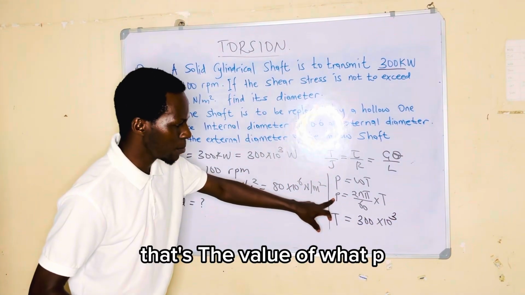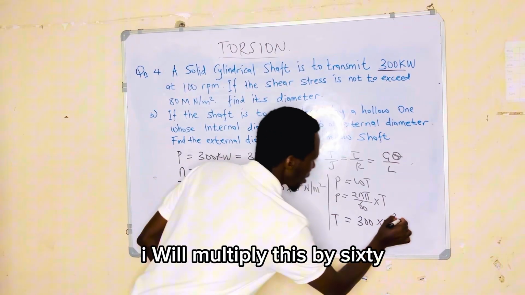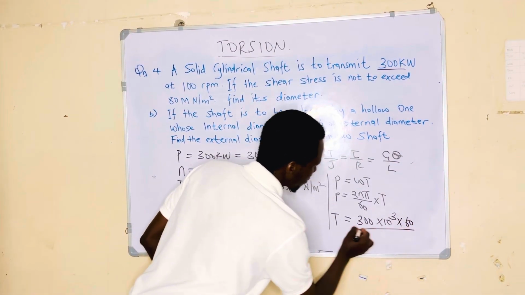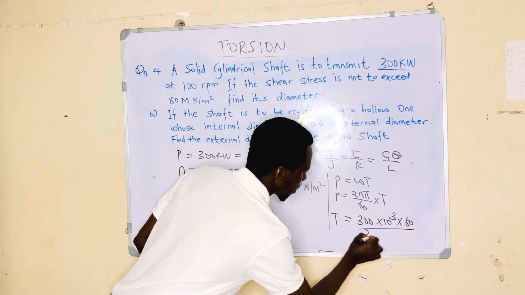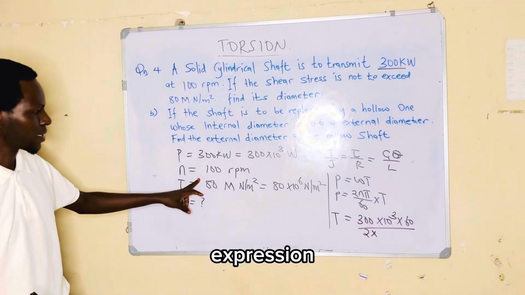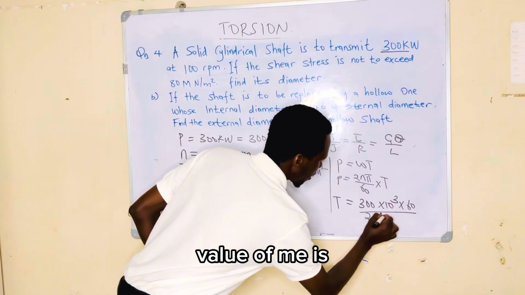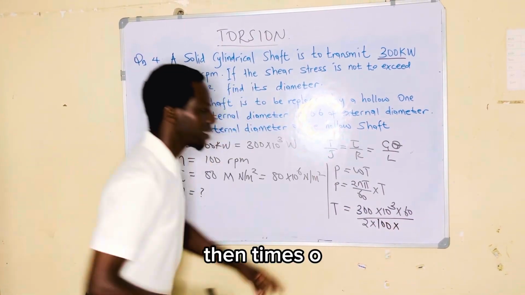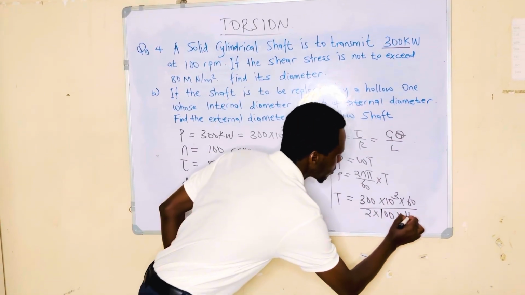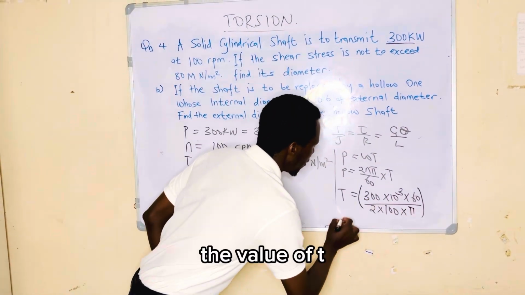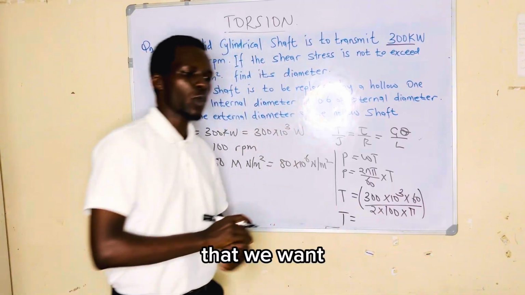I multiply this by 60, then divide by 2 times N, where the value of N is 100, times pi. This will give us the value of T that we want.